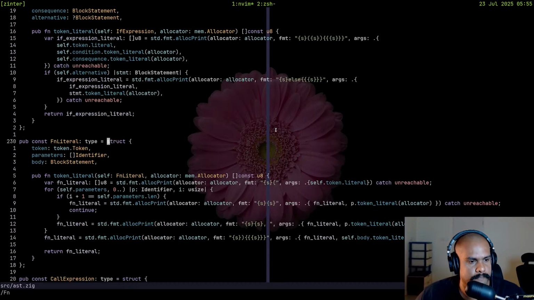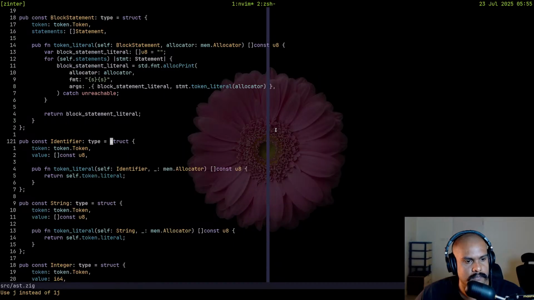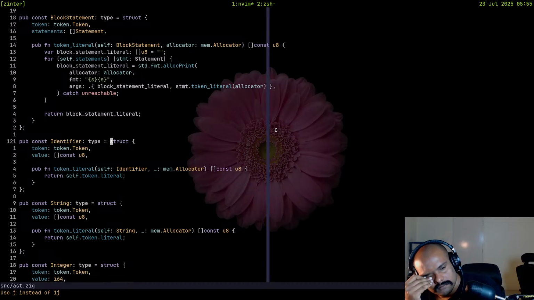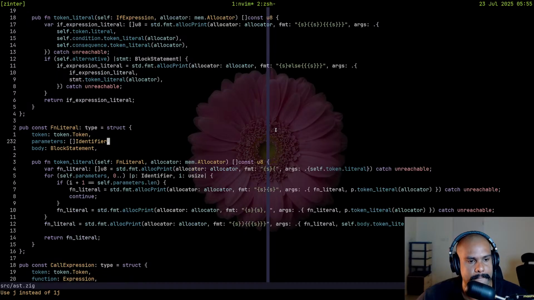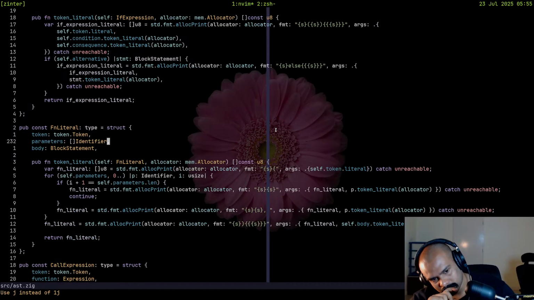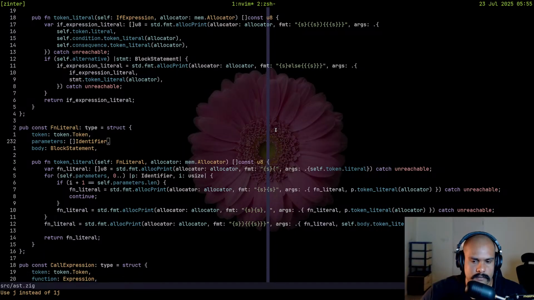Function literal. Oh yes, because they're identifiers. Interesting. Okay, so is that it?